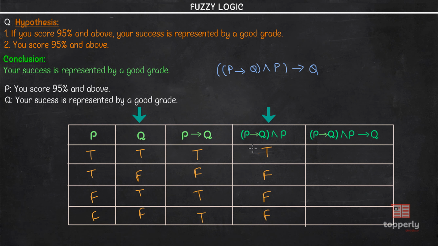So we'll take true implies true, which is true, false implies false, which is true, false implies true, which is true, and false implies false, which again is true. So as you can see, we have the final value of the compound statement all true, and therefore it is a valid statement and hence has been proved.